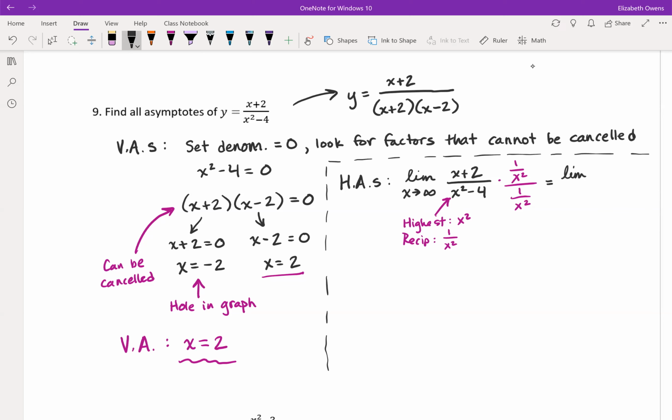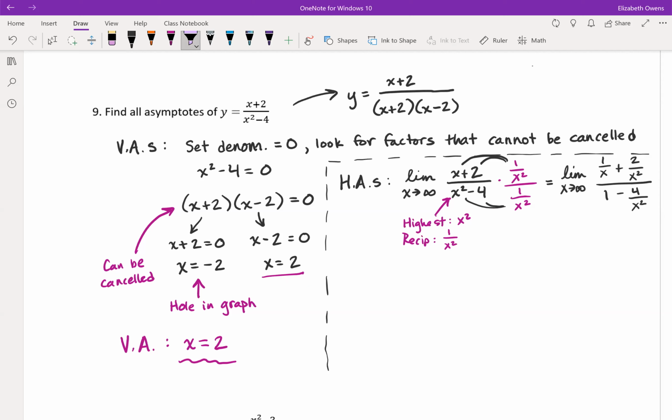So it's the limit as x approaches infinity. Let's do some distribution here. We would get 1 over x plus 2 over x squared in the numerator. And then in the denominator, we would get 1 minus 4 over x squared.